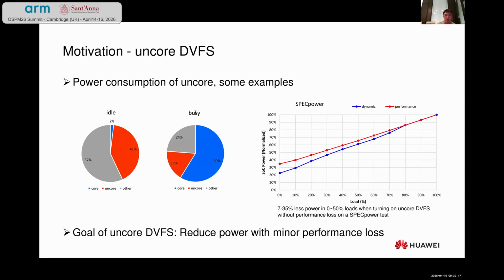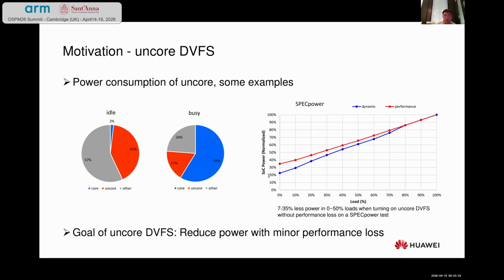If it's a memory-bound workload, the uncore consumption may be larger, but we probably can't lower the frequency because it would impact performance. For the idle case, it's totally fine to lower the uncore frequency because it's executing nothing. If we don't run any workload on the I/O devices, we can reduce the uncore frequency safely to save power.